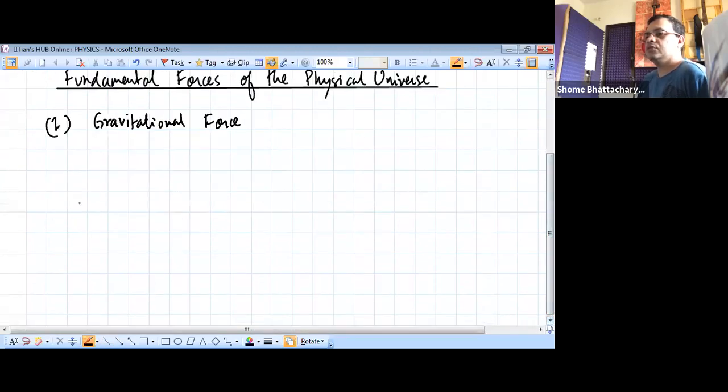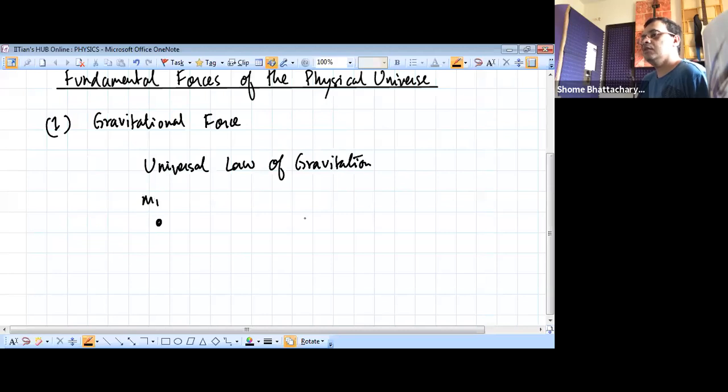The most fundamental form of gravitational force is given by the universal law of gravitation. According to it, if you have two particles, M1 and M2, placed at a distance r, any two particles, they might be very light particles like 2 electrons, or considerably heavier particles like 2 planets.